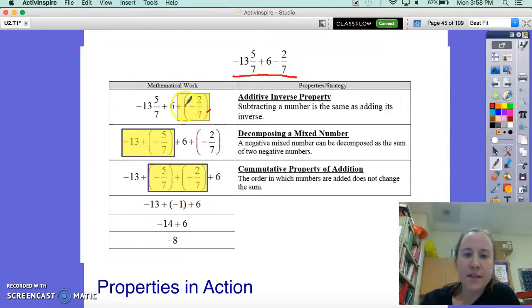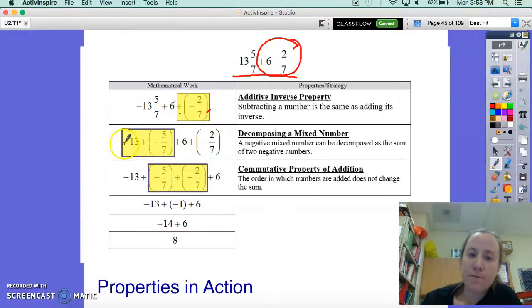The very first thing that was done in this sample way to solve this problem, and just to start out at the beginning by saying this is not the only way to solve this problem, but rewriting this first piece as add the opposite, or using additive inverse property, is a good way to start. So instead of saying 6 minus 2/7, we said 6 plus a -2/7.